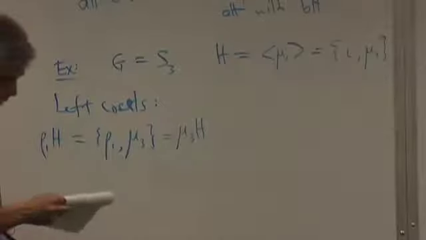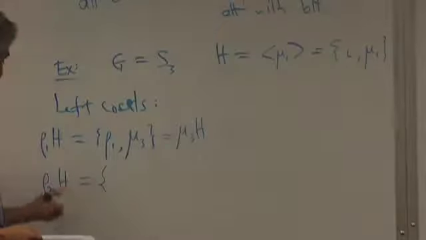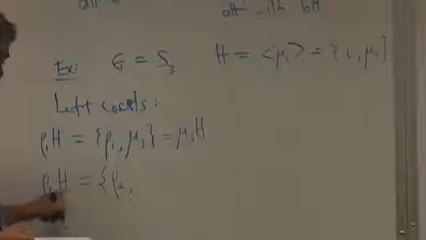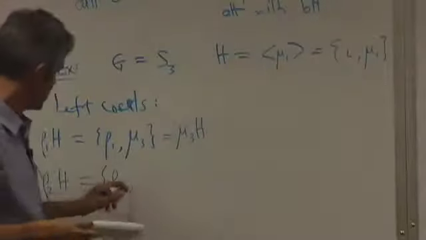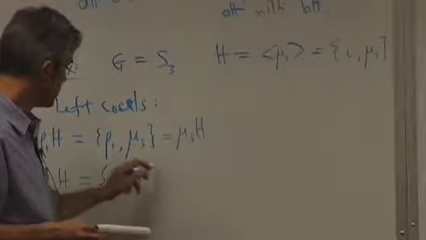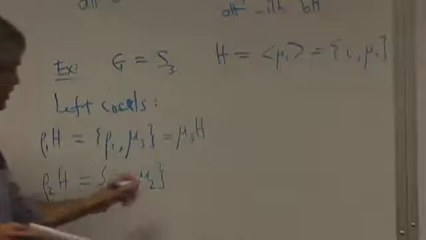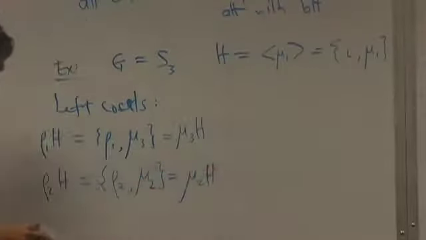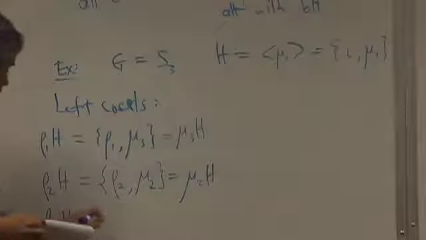Here's the second left coset, row 2H. Just do the appropriate product. So that's row 2 times I, so we know row 2 is in there. We always get that one for free. And then row 2 mu1 turns out to be what? Somebody have the table in front of them? mu2, thank you. So by default, this also happens to be mu2H. And if we do row 3H, let's see what we get here.